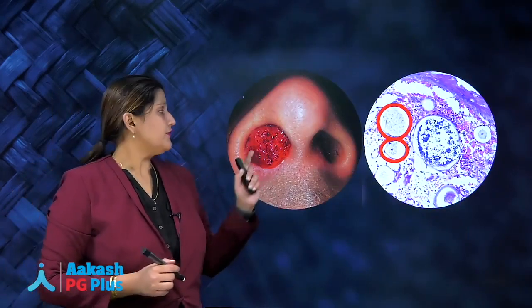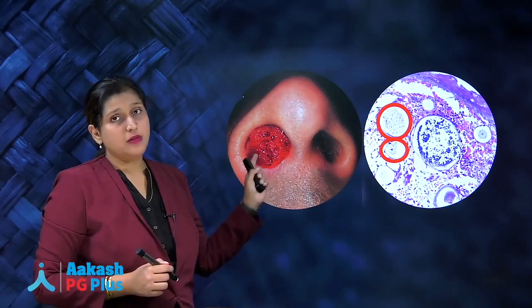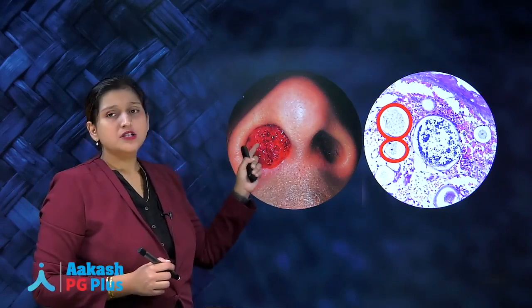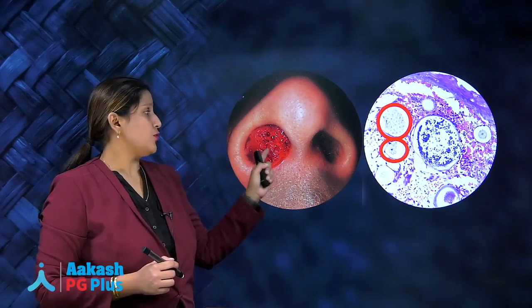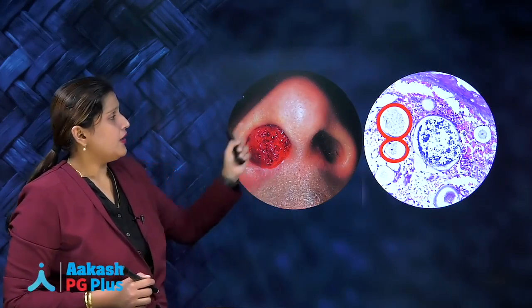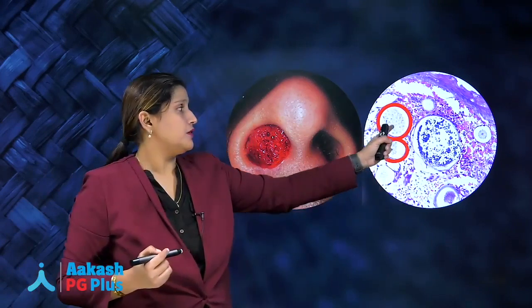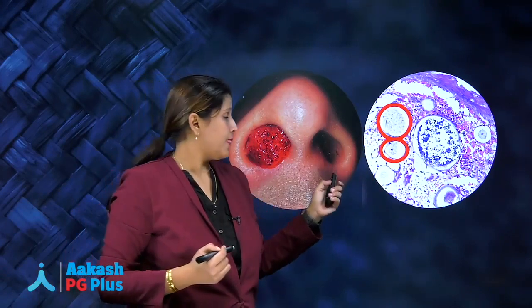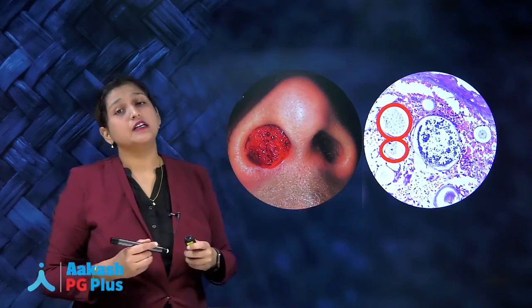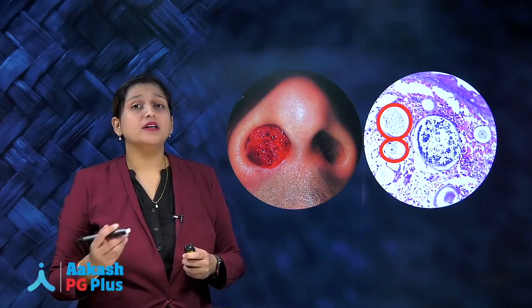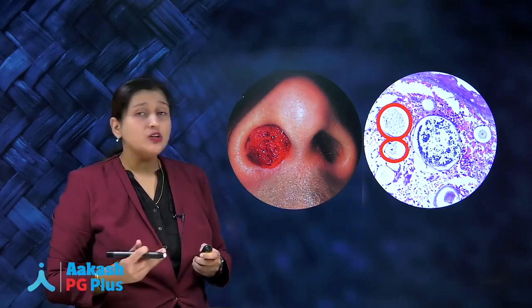Rhinosporidiosis typically presents as a red fleshy mass coming out of the nose, in which multiple white dots, which are the sporangia of the rhinosporidium, are present, and on histopathology multiple sporangia filled structures can be seen. This is caused by the fungus Rhinosporidium seeberi. This is more common in South India or Sri Lanka.